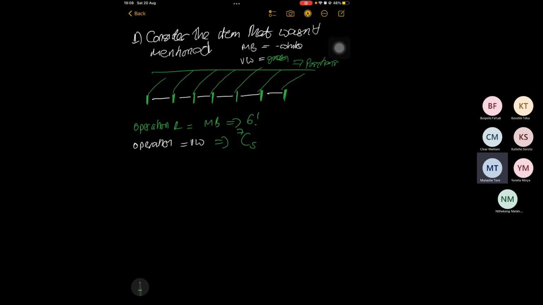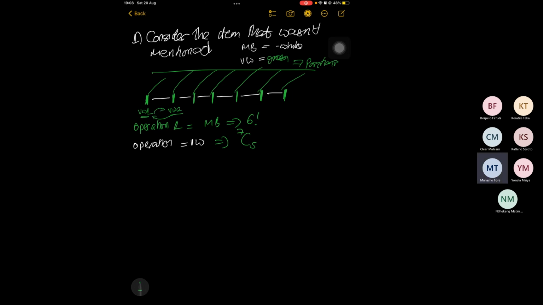But now, does order matter or doesn't it? In this case, order matters, because if we have VW1 here and VW2 there, then in another arrangement we have VW2 and VW1, they would have swapped positions.